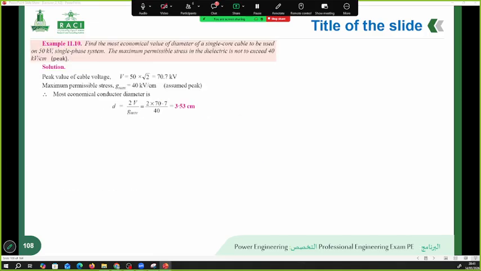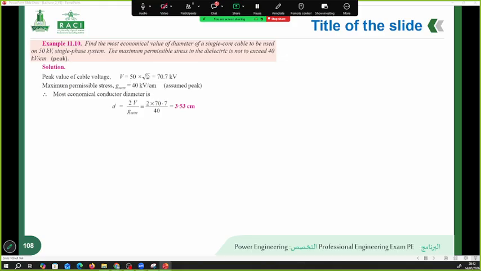So this is another example. Based on this example, we want to find the most economical value of diameter of a single core cable to be used on a 50 kilovolt single phase system. So we have 50 kilovolts, so we can easily find the phase voltage.